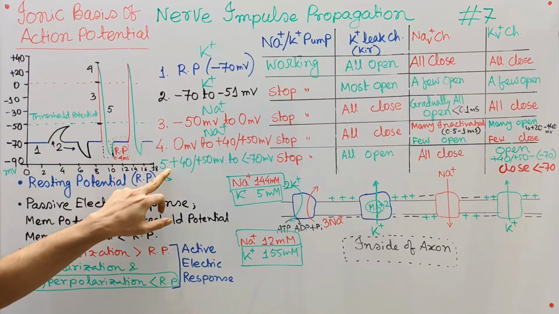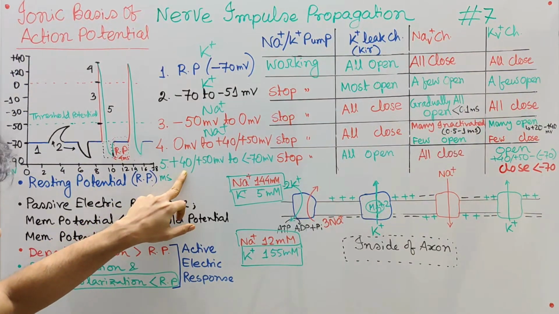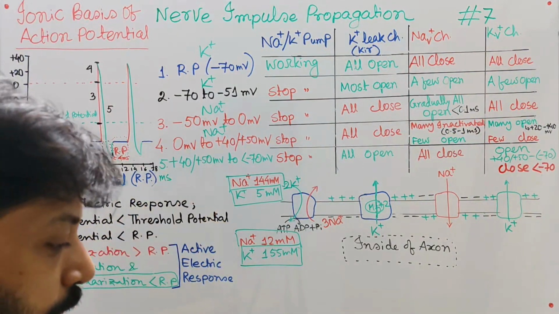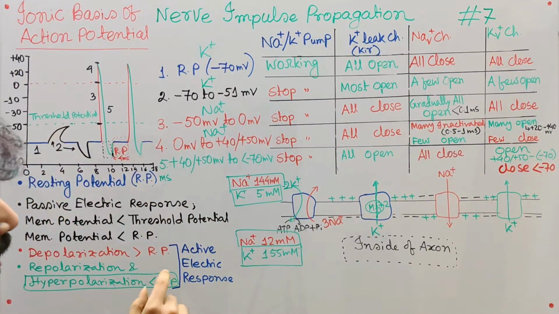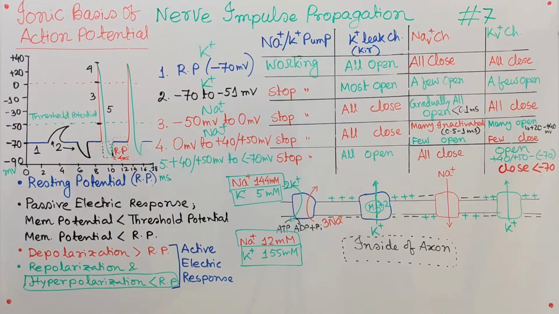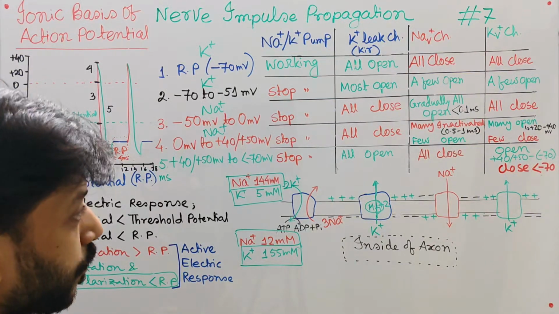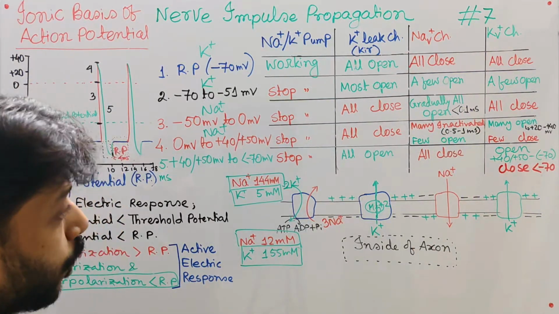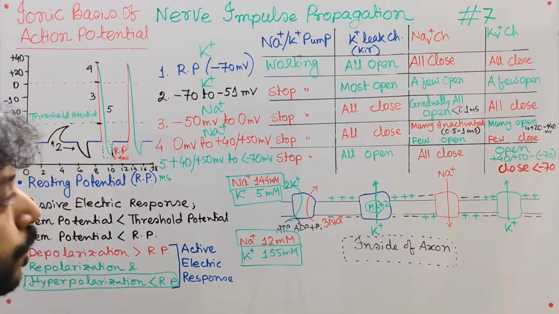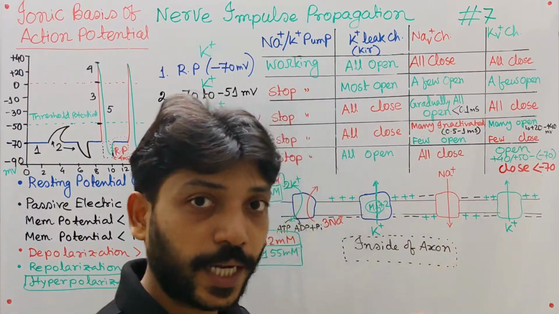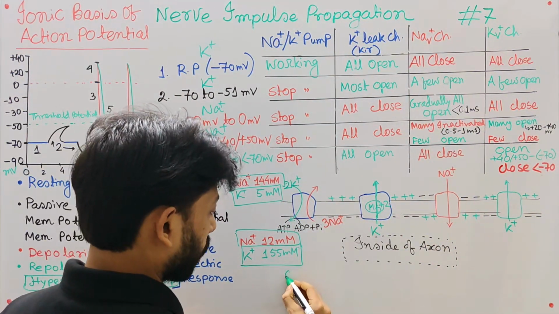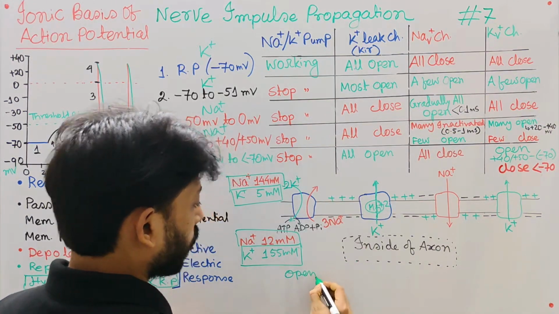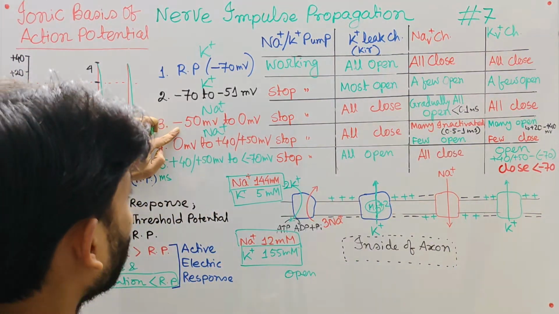Now the last event is when the potential goes from plus 40 or plus 50 millivolt to less than minus 70 millivolt. What happens here? In this case, potassium leak channels, or the non-gated ion channels, become open, so potassium comes outside of the neuron. Voltage gated sodium channels become closed. At first the voltage gated sodium channels are open during minus 50 to 0 millivolt.